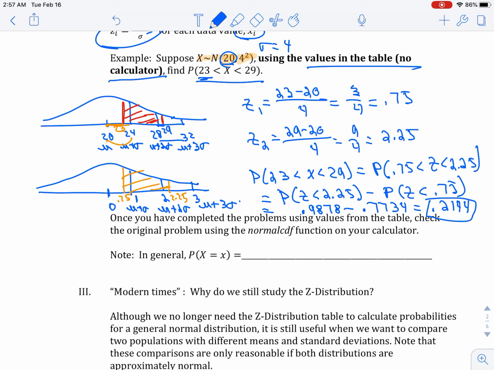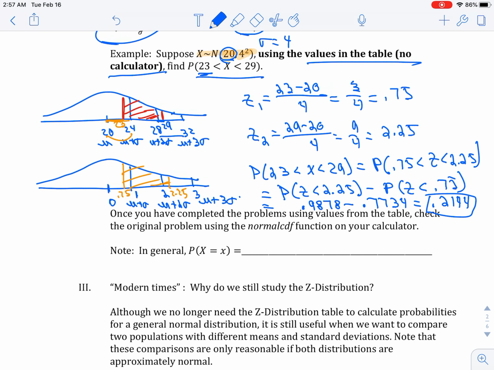All right, so once you've found that, let's check that with your calculator. It says once you have completed the problems using the values from the table, check the original problem using normal CDF.